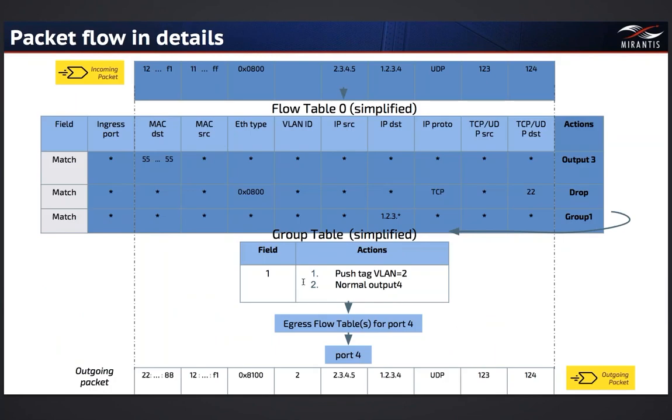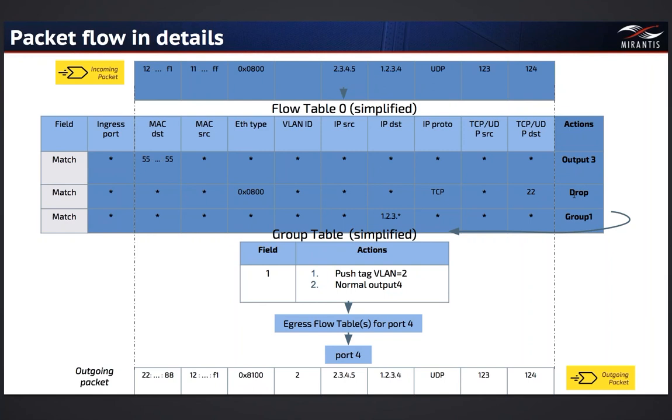We have tables, and each table consists of so-called flows. Flows look like ACL rules, access control list rules with matching fields. There can be an exact match or a wildcard for a given field. Those rules, those flows, are evaluated in order, and when we match some rule, then we execute an action, what to do with that packet.